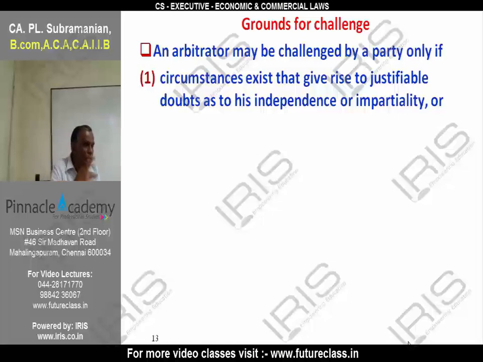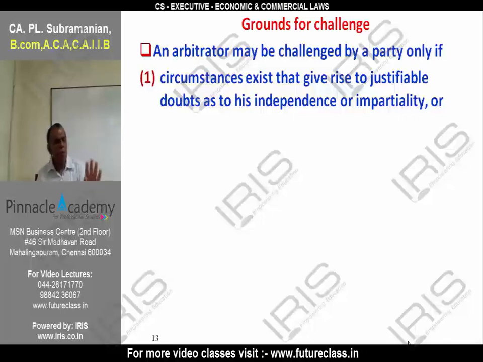Whose independence? The arbitrator's independence. One party believes that he is not going to decide on his own; he will follow the instructions of the other party. If he can prove it to the court, he can go to the court saying that this arbitrator's appointment has to be cancelled. That is called challenging the appointment, or he will not be impartial.